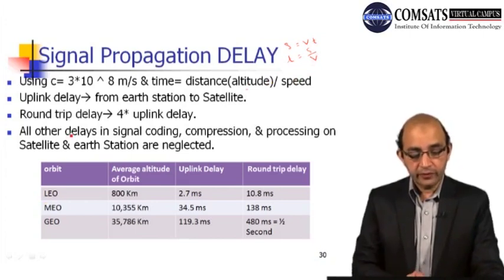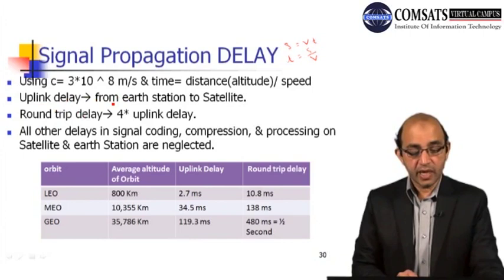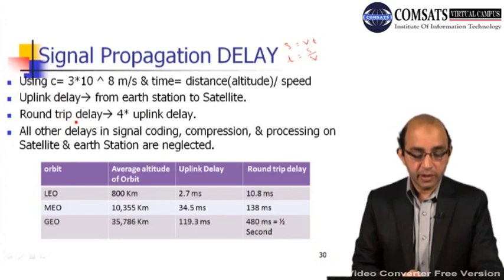If I have to define the propagation delay from the ground station to the satellite, that is named the uplink delay, the time taken from the Earth station to the satellite. And if I multiply this uplink delay by 4, I will get the round trip delay, right?